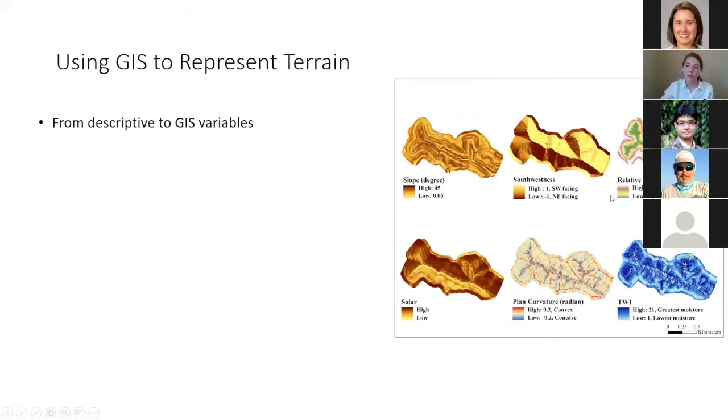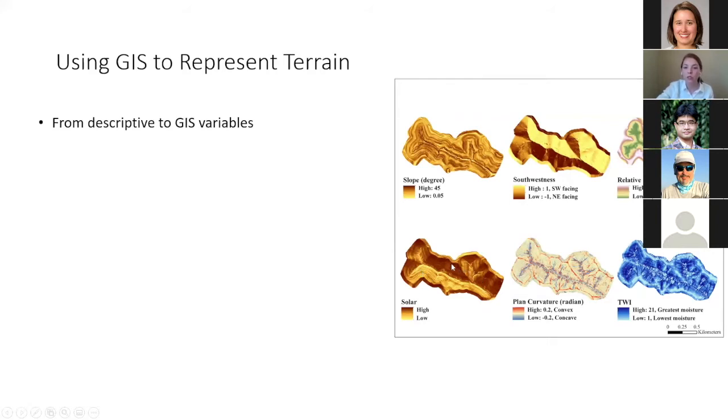So it's from the valley, which would be a value of 0, to the ridge, which would be a value of 1. We then have solar radiation, which is calculated using ArcGIS. And you can really see how slope aspect influences how much solar radiation might be experienced.